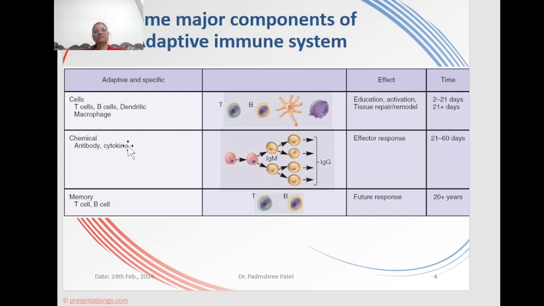And the cytokines play a very important role as signaling molecules between the T cells, B cells, and other immune system cells. All these together give the effector response. After activation, they provide a potent immune response against the invader.